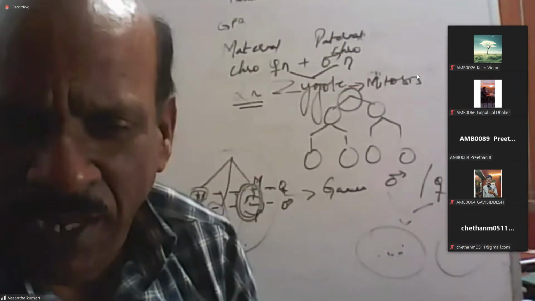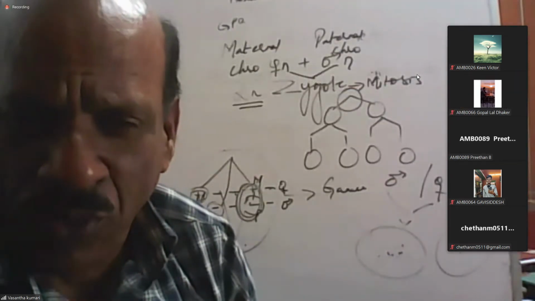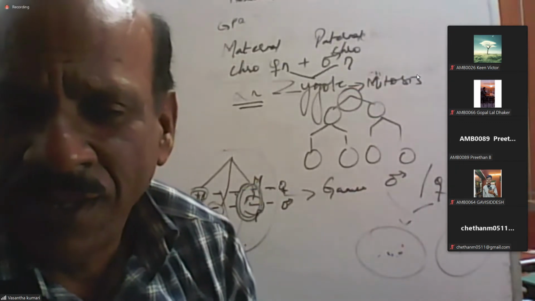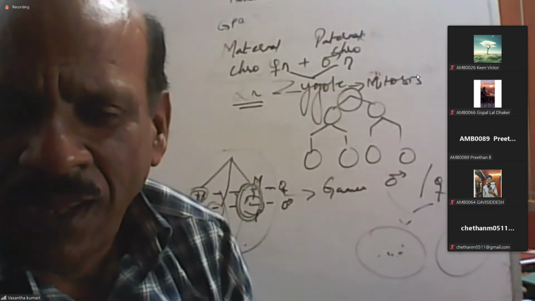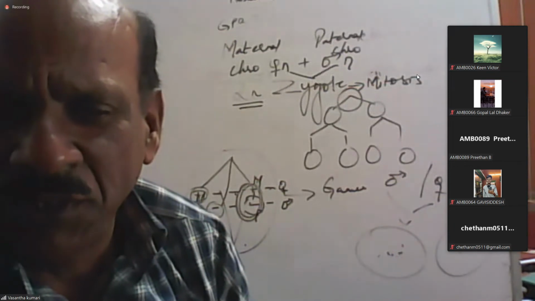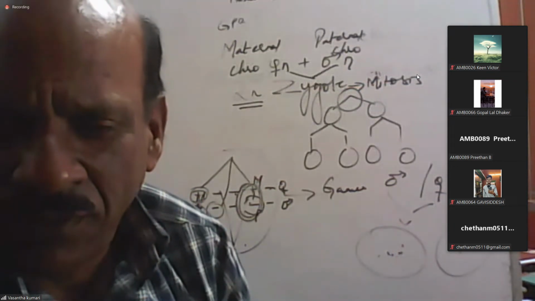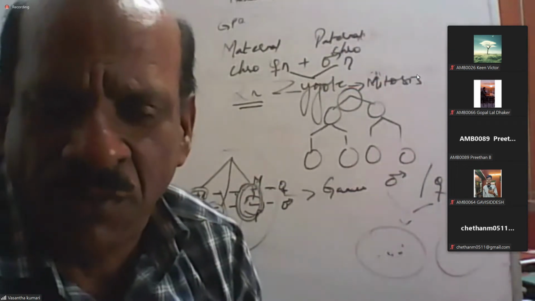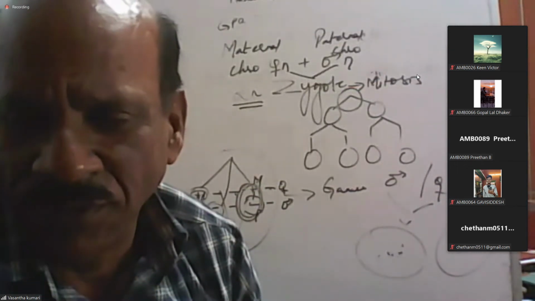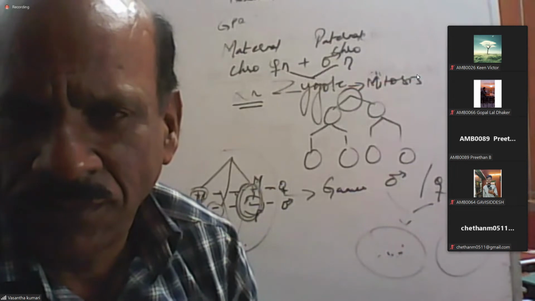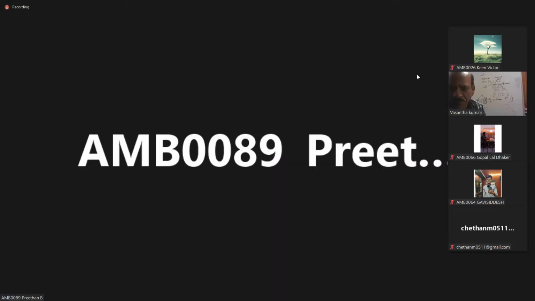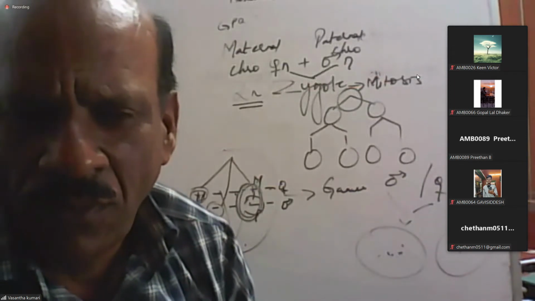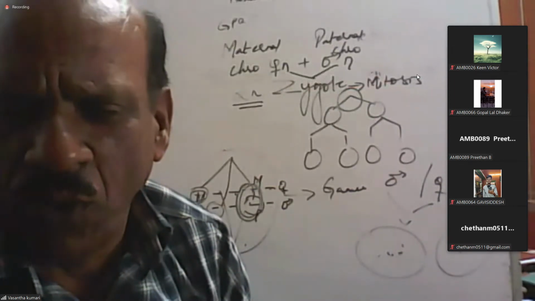AMB 0089. Please remember, I'm going to make note of the ID numbers along with their names. From whom there is disturbance? You should be aware that you cannot be disturbing the class. 89, Preeti or someone, I don't know. Could you please mute your voice?